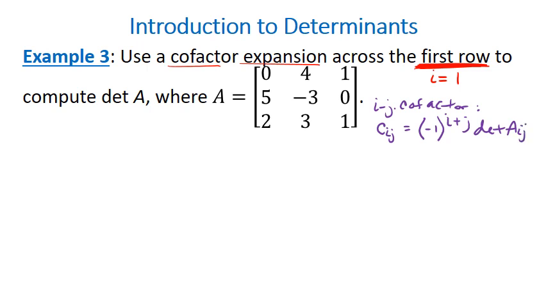Okay, and that's the definition from before. Okay, well, here is how we will go about solving this. Well, the determinant of A, we know from the previous examples and the previous definition of a determinant, is found by this formula.